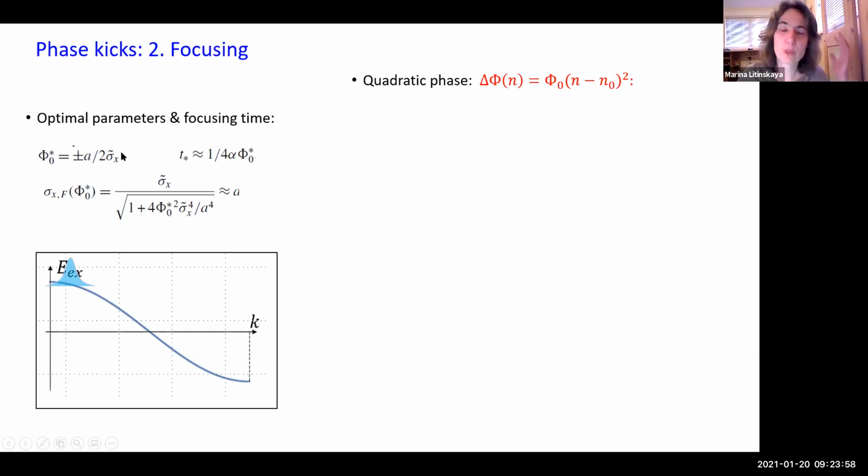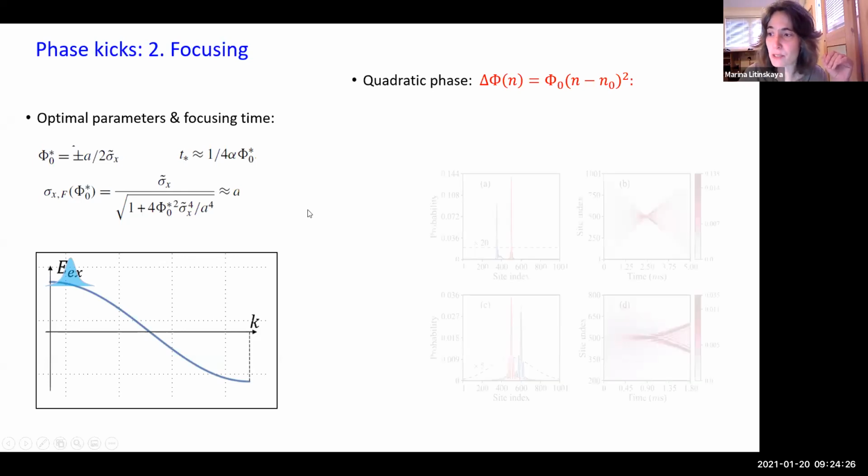So we can calculate the optimal phase strength phi naught, which would work for a specific wave packet with certain width. Then this would be the time within which it focuses, and basically you can see that it can focus at a region of the order of one lattice site.